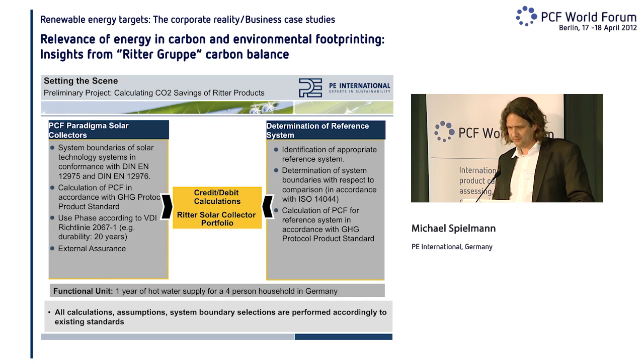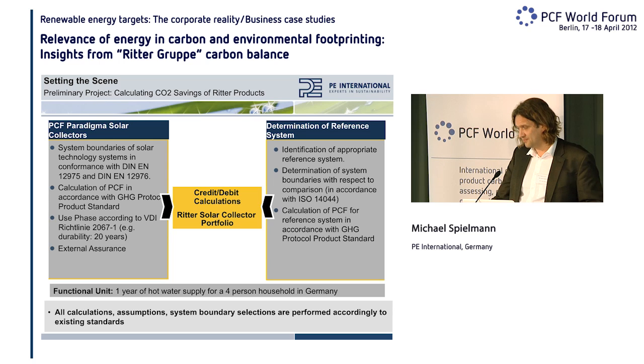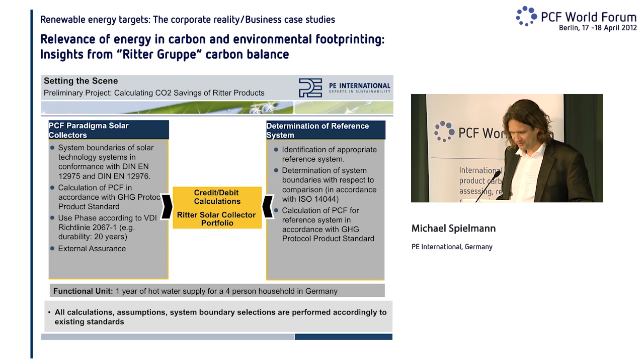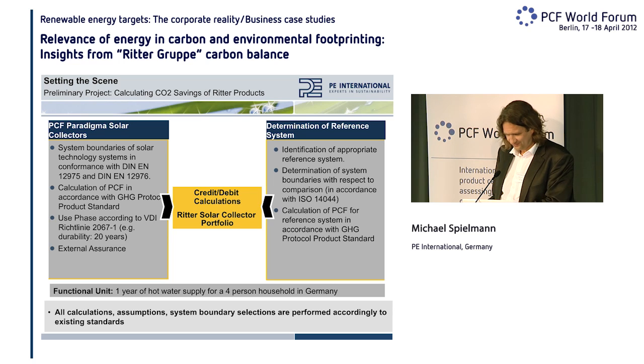We also do the comparison with the reference system in line with the ISO standard 14044. Usually you have to make a lot of assumptions, and whenever we do, we try to use an established standard to justify them. We don't want to come up with things that might give us a benefit by just choosing some lovely assumptions.